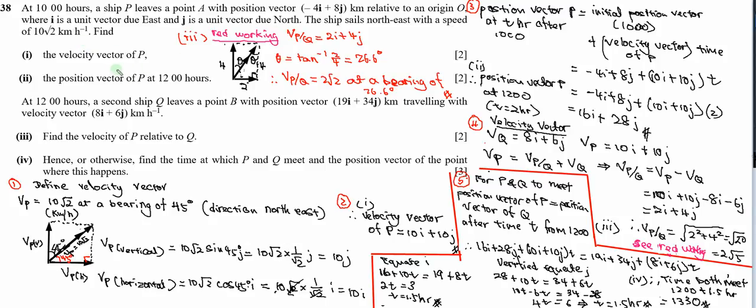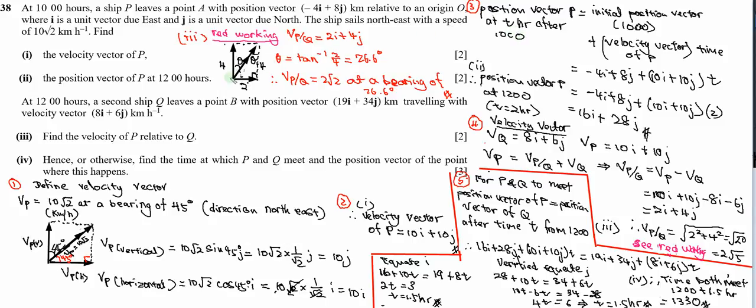Now let's look at the position vector of P at 12:00, which is 2 hours after it is at this position here. Let's look at the common definition of position vector of P at t hours after 10:00.